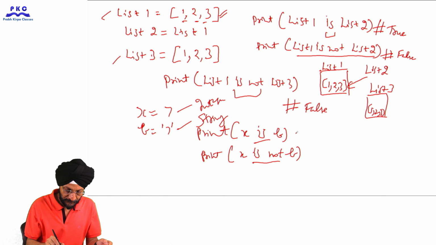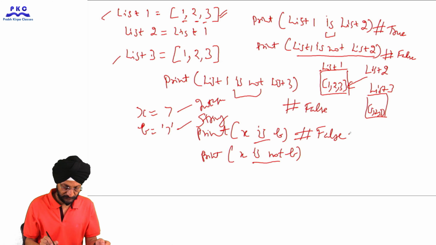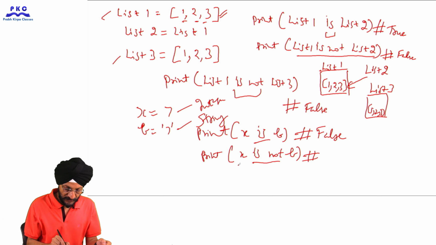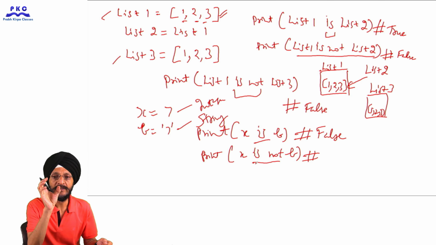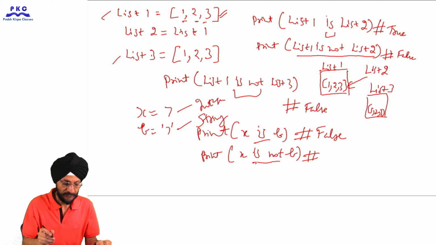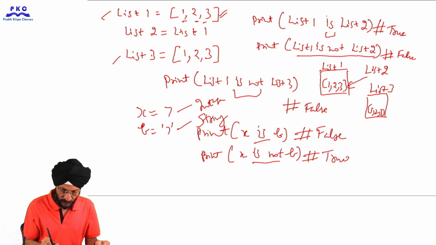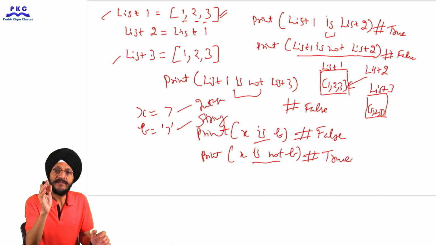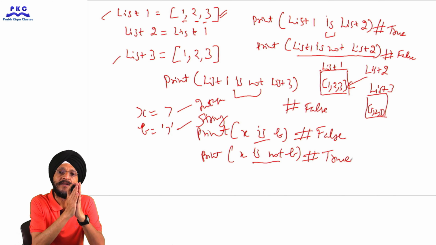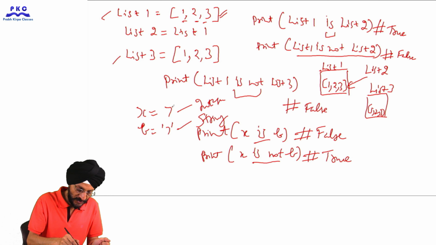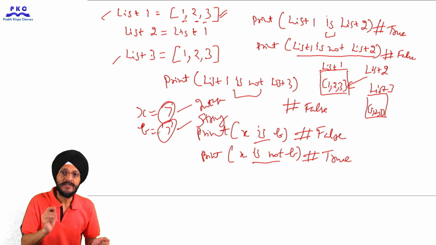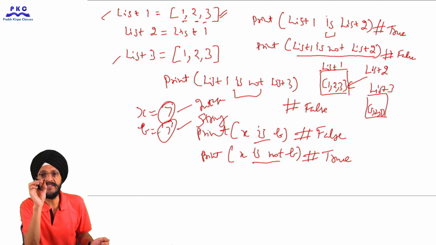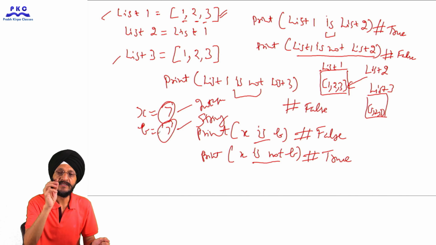So x is b, the output is false. If we use the is not operator and find out x is not b, the output will be true, because when the memory manager allocates the memory location, it will store both the objects differently, since in one case 7 is an integer value and in the other case 7 is a string.